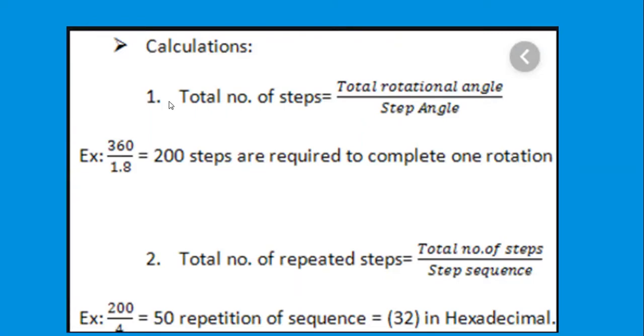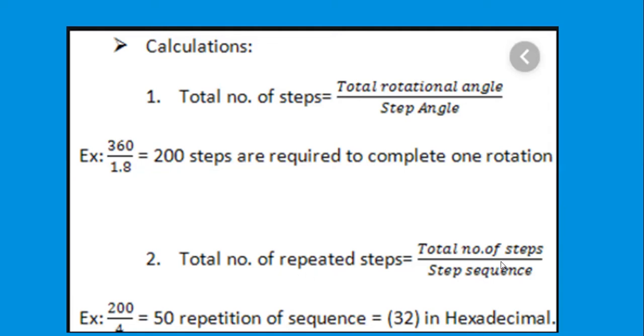Now consider the calculation. The total number of steps is equal to total rotation angle divided by step angle. In most stepper motors, the number of steps required to complete 360 degrees is 200. So to complete 360 degrees, if it requires 200 steps, then per step it's going to take 1.8 degrees. The total number of repeated steps is equal to total number of steps divided by step sequence.